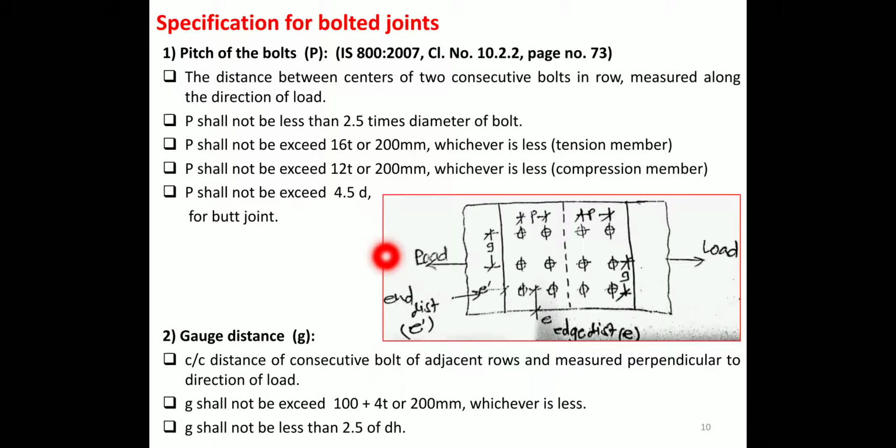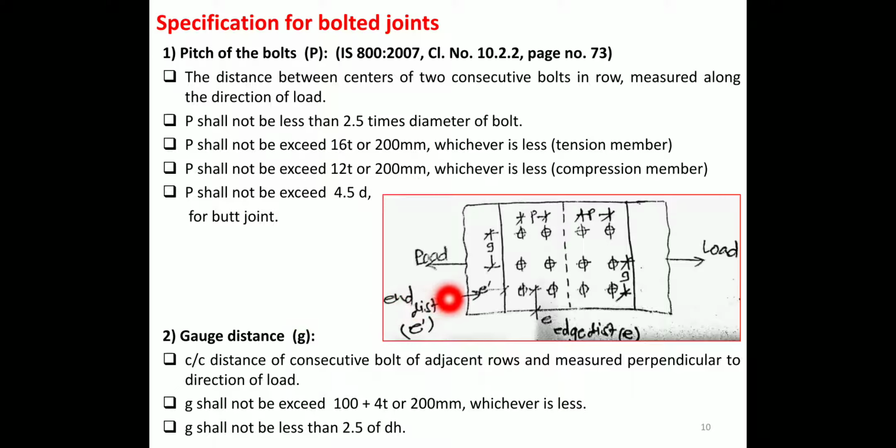So it is clear what is meant by pitch. Pitch is the center to center distance between two consecutive bolts in a row, measured along the direction of force or load. Then the second thing is gauge distance, denoted by small g.